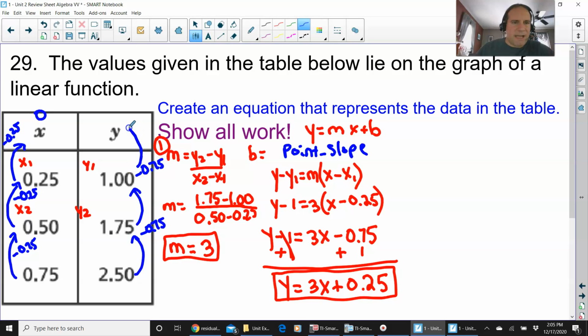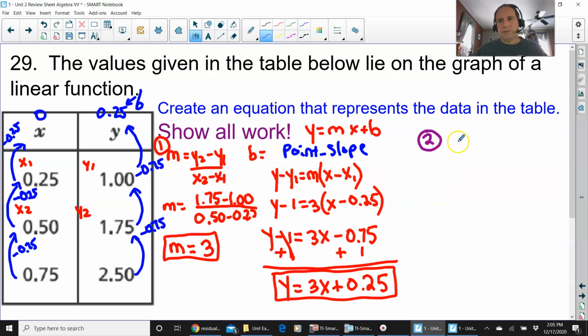And if we go back one more, 1 minus 0.75 is 0.25. This is the y-intercept. All right, you just use the table if you can. If you can't, then I would say use the point slope formula. There's also another method that you can use that I did not show you.